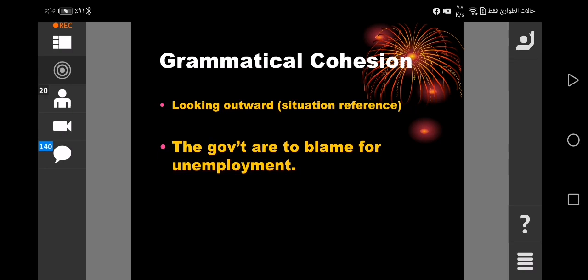Exophoric reference directs us to the immediate context, outward from the text, to identify the reference of a reference, when anaphoric reference does not supply the necessary information. Right? So the reference is assumed by the speaker or writer to be part of a shared world.